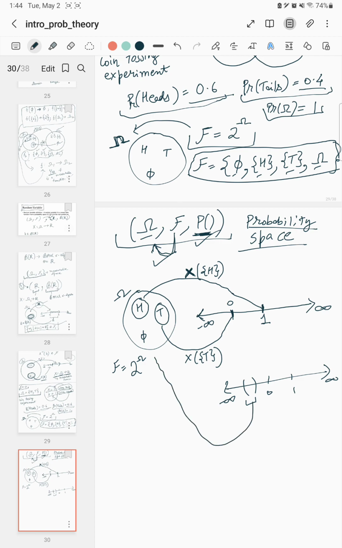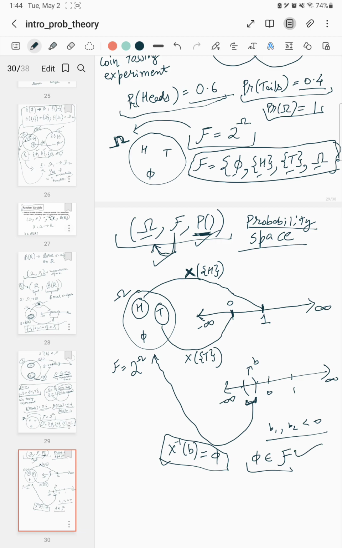So if we take a pre-image of such a Borel set, which means X inverse of, let's say this Borel set is small b, where the boundaries of b, b1 and b2, are both less than 0, then we will find no such element present in omega which would give this as the outcome. Hence X inverse of b would be phi in this case, the null set. And is the null set present in the sigma algebra F? Yes, it is.